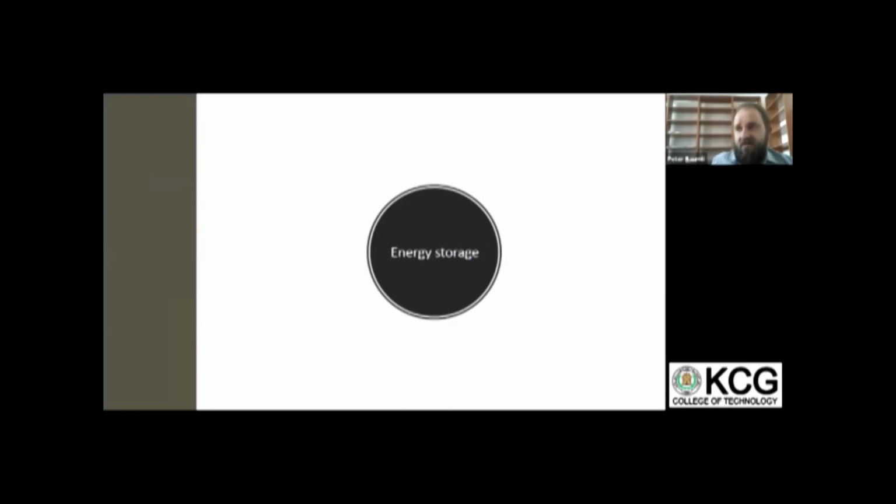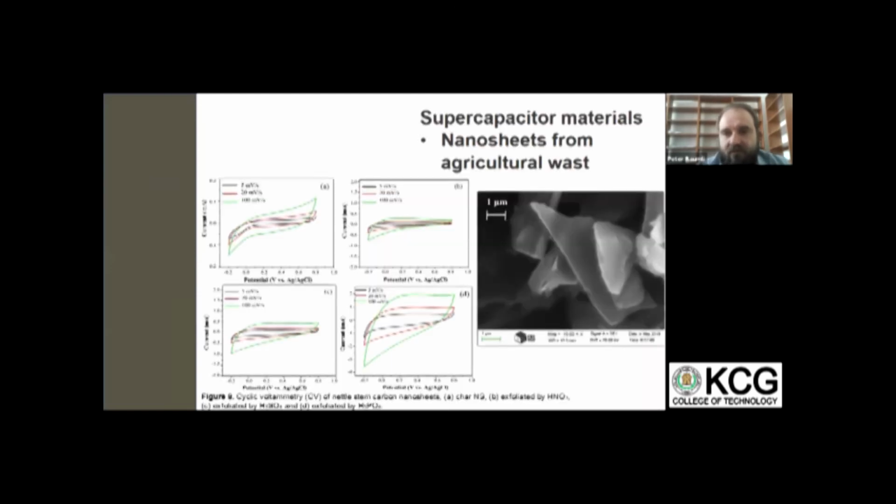The next application is energy storage, and I have to show you this story. This is the supercapacitor. In this case, we prepared nanosheets from agricultural waste, and we tried to use it as a capacitor.